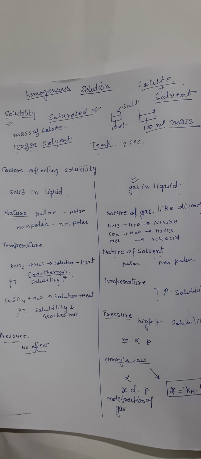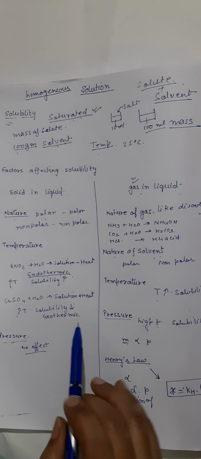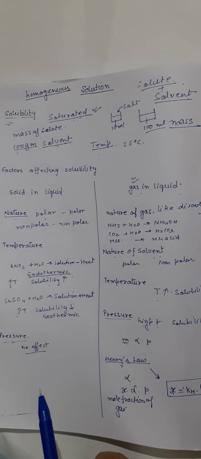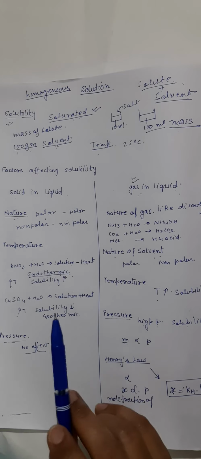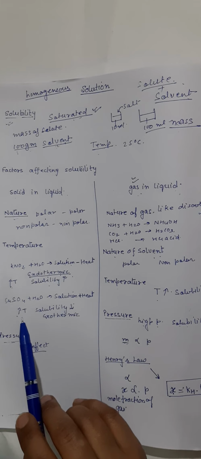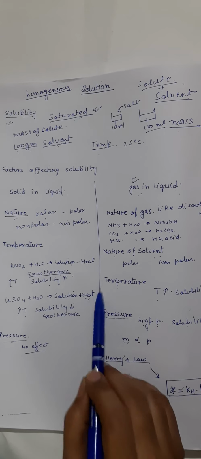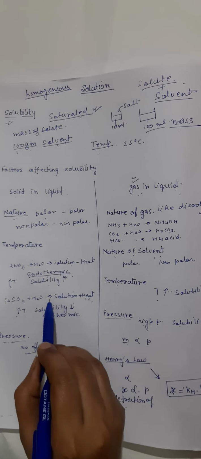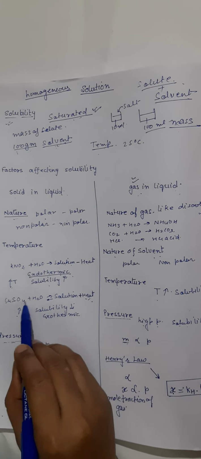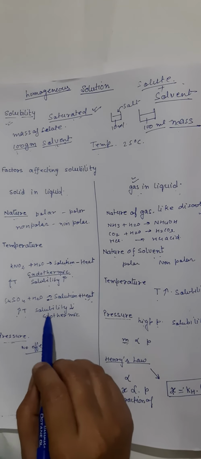On the other hand, if you take a solute which increases the temperature, like if you dissolve copper sulfate or sodium sulfate in water, the beaker becomes very hot. It's difficult to hold it even with the hands. So here heat is being evolved. Since heat is on the product side, if you increase the temperature, the equilibrium will shift to the reactant side.